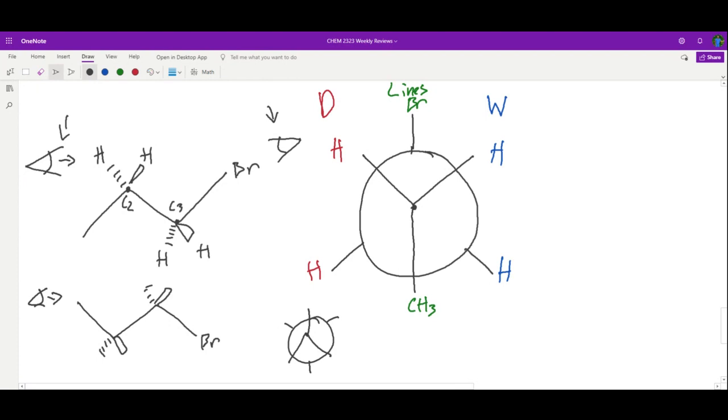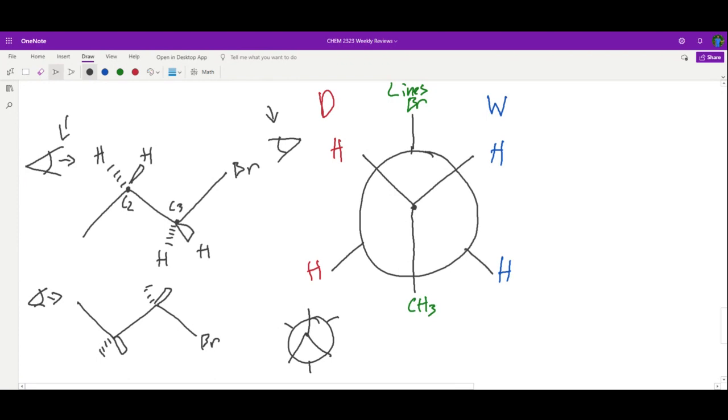Chairs, Newman, and Fisher projections are very challenging spatially. So if you're having trouble with that, I would recommend a model kit or different explanations from different resources until one sticks, and then when that sticks, stick with that. Otherwise, with different explanations, again, you're going to get confused, just like chairs.